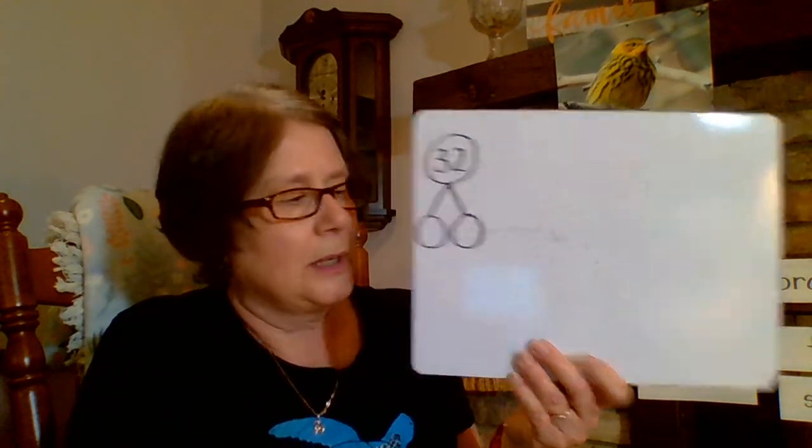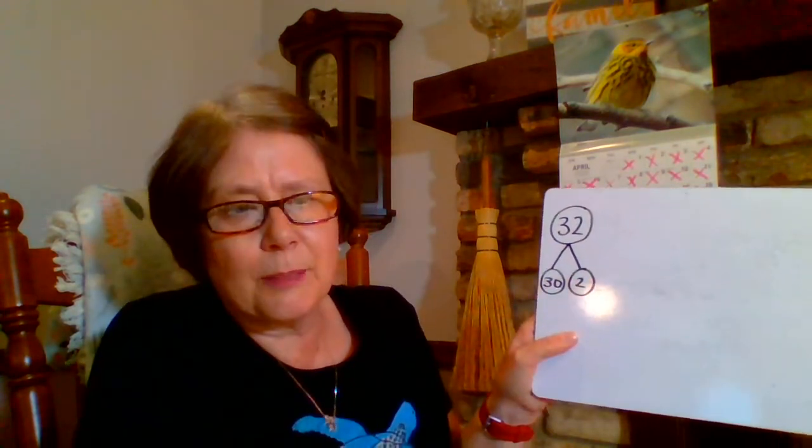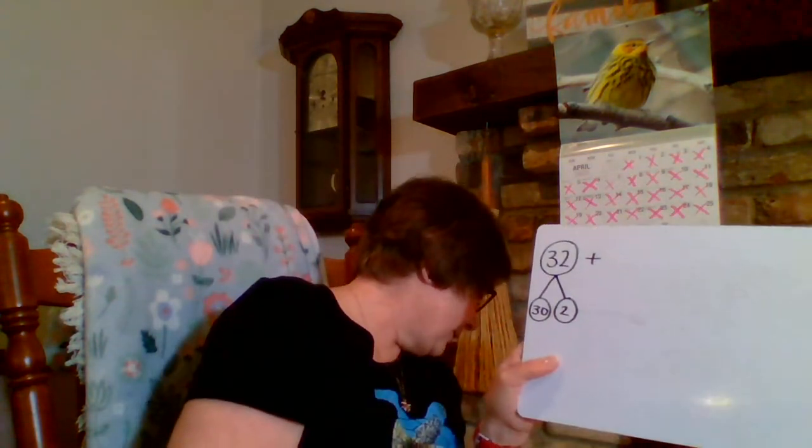That's the whole number. Now, there are 3 tens in 32. So we put 30. 3 tens is 30. And there's 2 ones, and that makes 32. Now we are going to add 6 more to the number 32, and figure out how many that is in all.